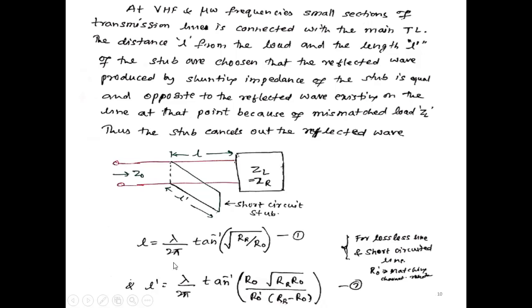The length of the stub is given by L dash equal to lambda divided by 2 pi tan inverse of R0 square root of R0 R divided by R0 dash square root of (R minus R dash), where R0 dash is the characteristic impedance of the stub. For lossless lines and short circuited stubs, R0 dash is equal to the characteristic resistance R0.